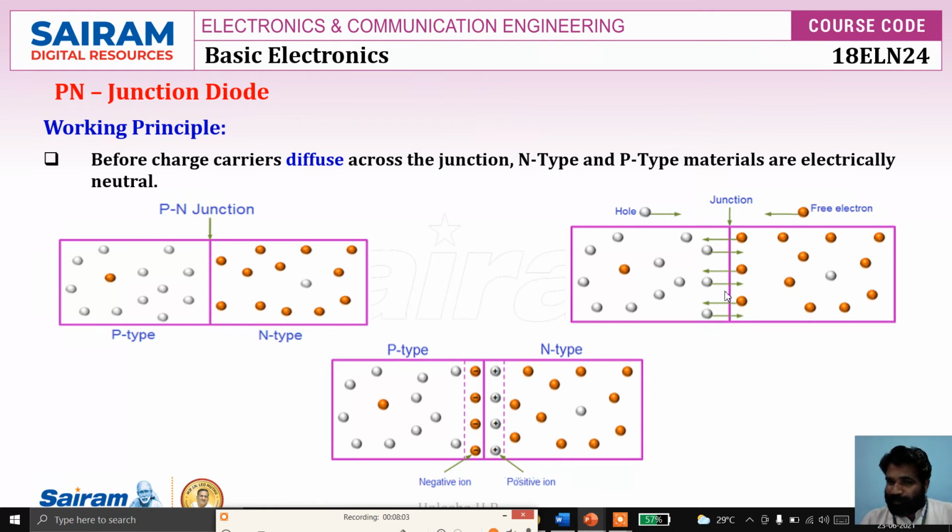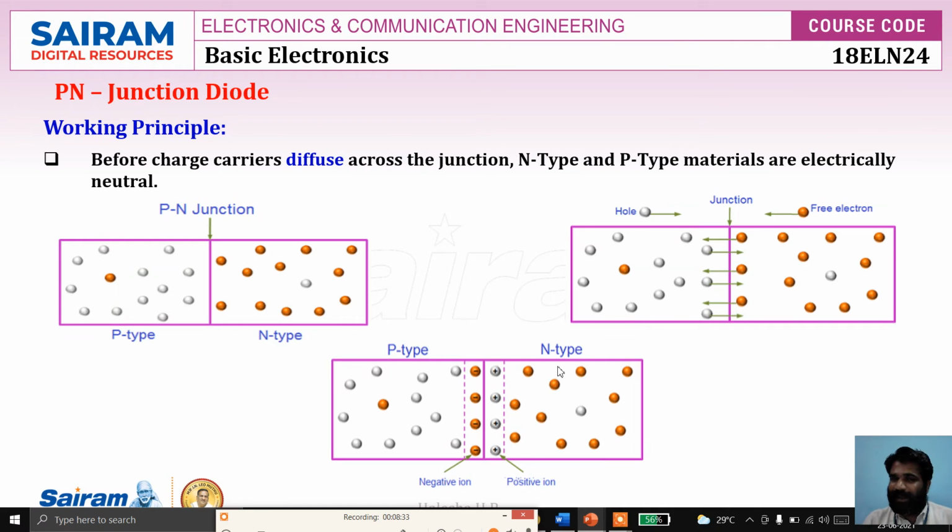And as we know, holes are moving towards the N-type. When holes move into the N-type, they combine with the electrons, and the atom donates the electrons, so it becomes a positive ion. When the electrons are released or donated, it becomes a positive ion.